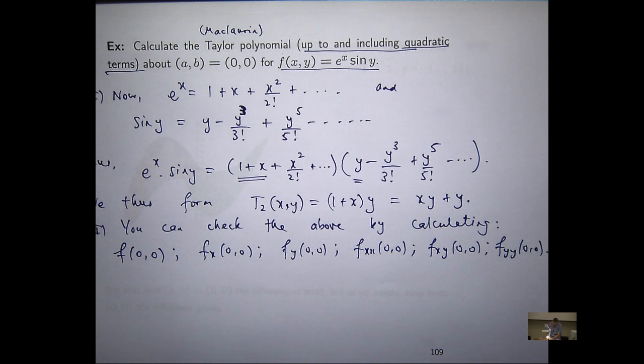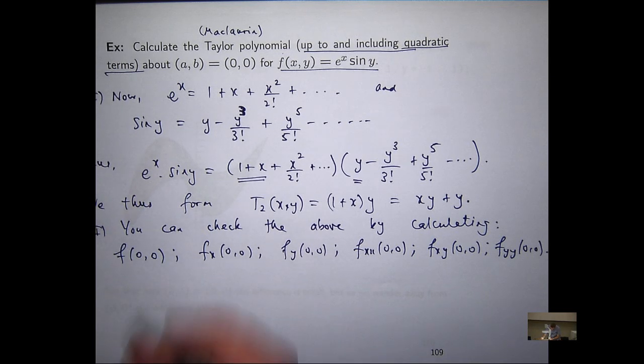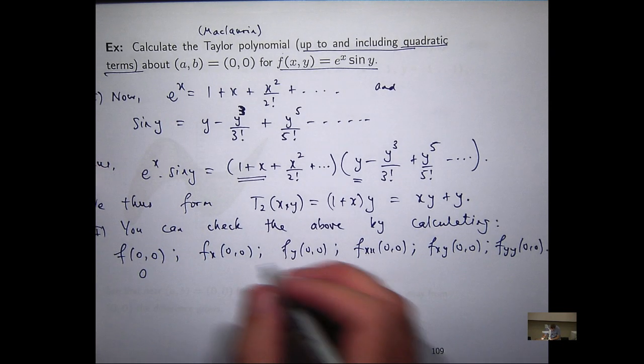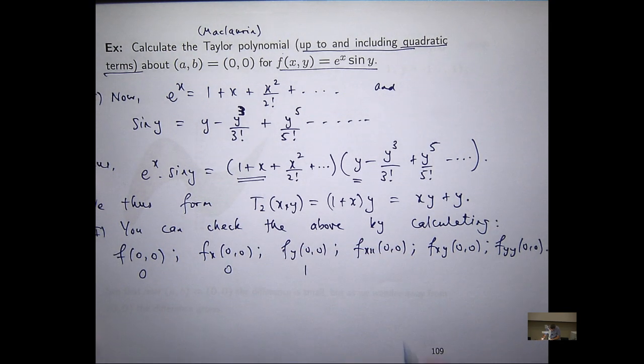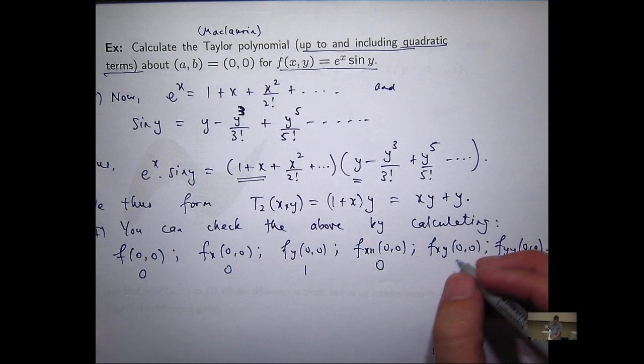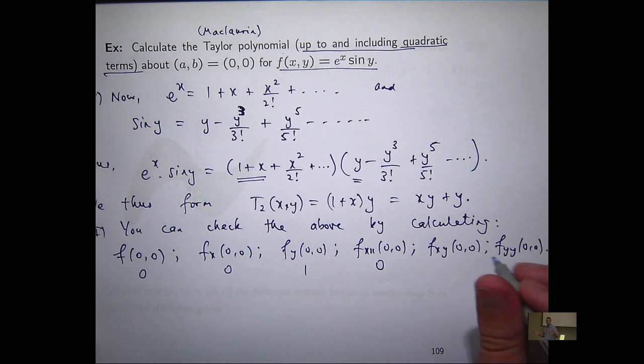Okay, now a lot of these are 0. So I'll just write them down from what I've calculated. This is 0. This is 0. This is 1. This is 0. That's 0 and that's 1.